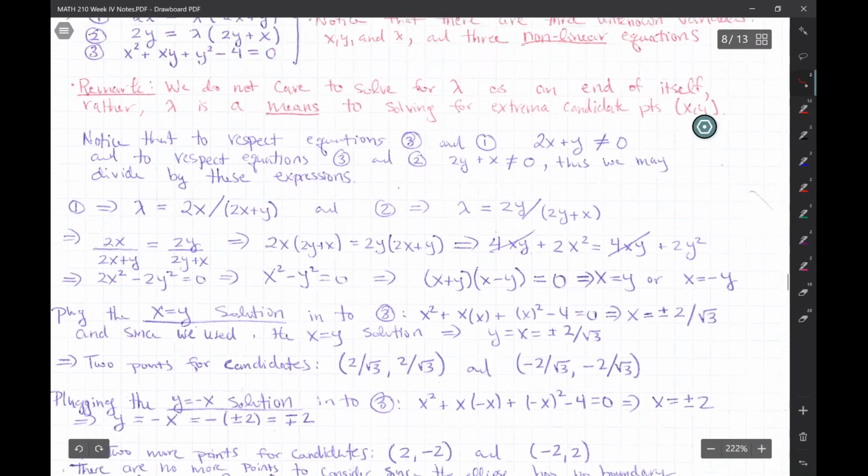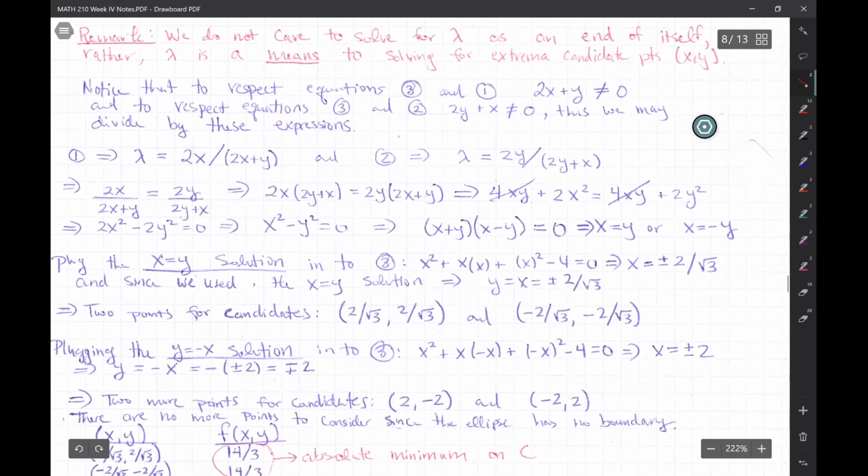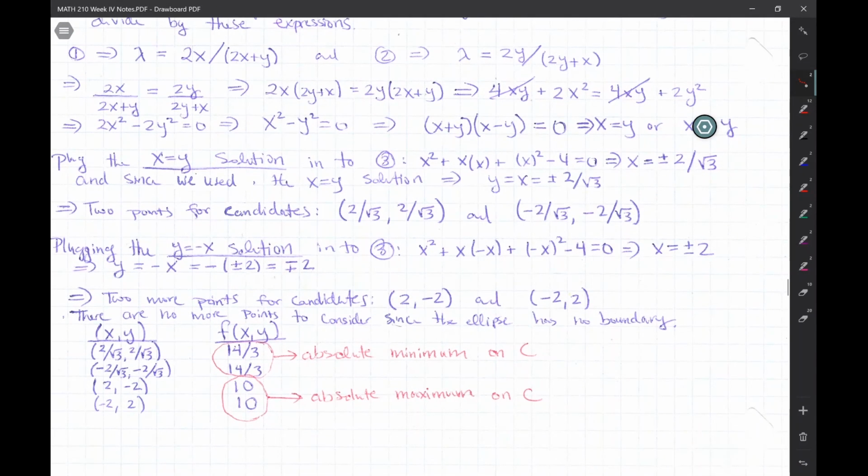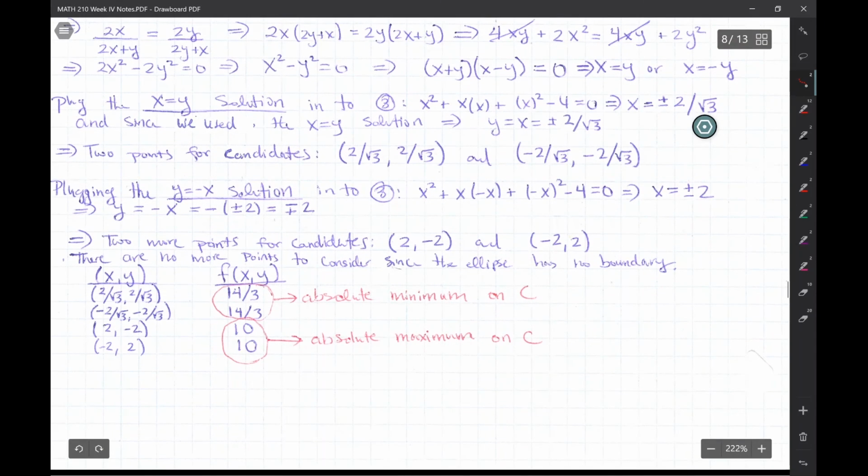We plugged those two solutions into equation 3, which is the constraint, and we ended up with the points at which the function has extrema or candidates for extrema along the curve. And we plugged in each of these points into the function, and we now compare all of the points. We see that 10 is the highest value along this column, and so we say that the function has an absolute maximum of 10 on C, and they occur at these points. Okay.